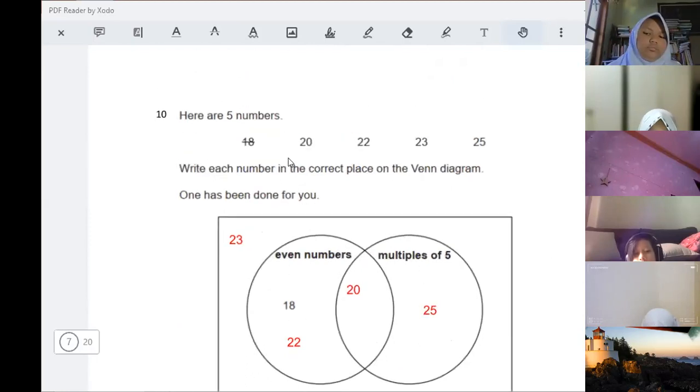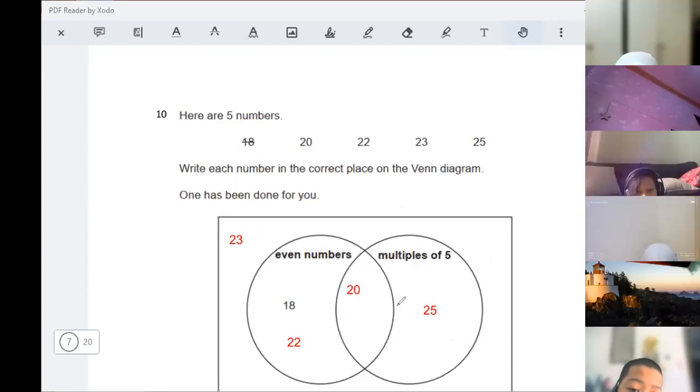So next, this one is also the same. For this, you need to check each number for even and multiple of 5. So this in the middle is what we call irisan. In bahasa we call it irisan. So it belongs to multiple of 5 and it also belongs to even number. So we put 20 right here.